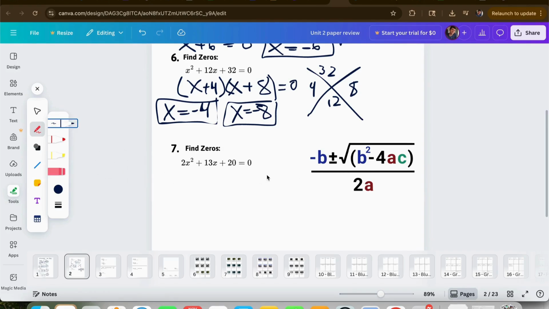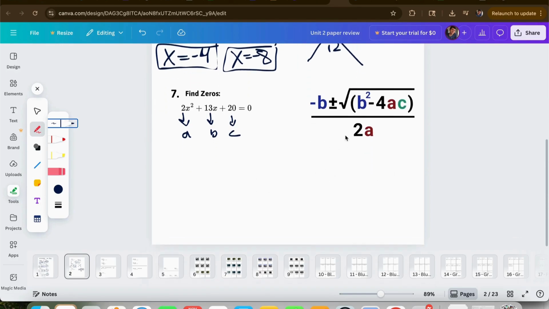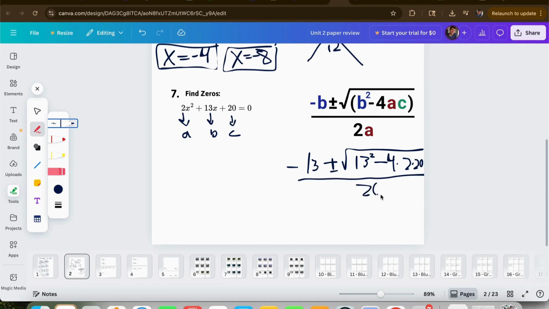The best way to do it will be by using the quadratic formula. As long as you can identify what the A, B, and C are and plug it into this formula, you can just print the answer on the calculator. So plugging this in, you'll have negative 13 plus or minus the square root of 13 squared minus 4 times 2 times 20 all over 2 times 2.